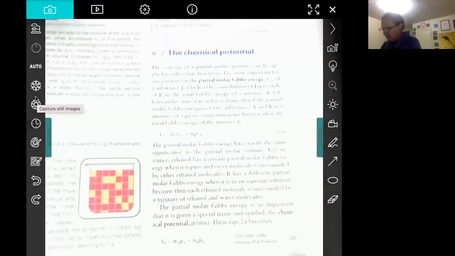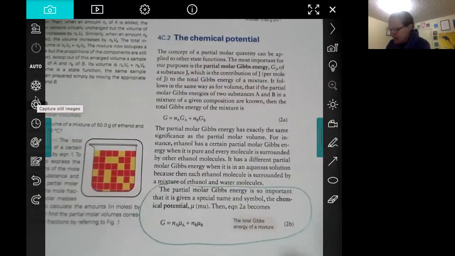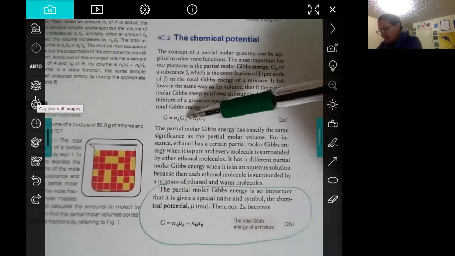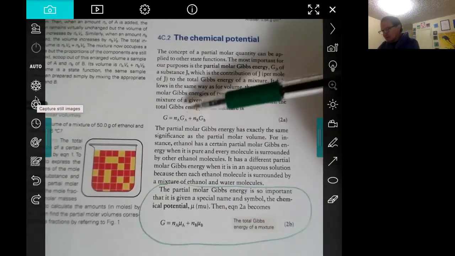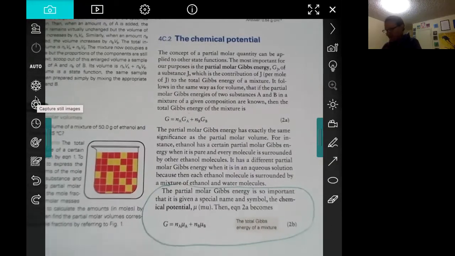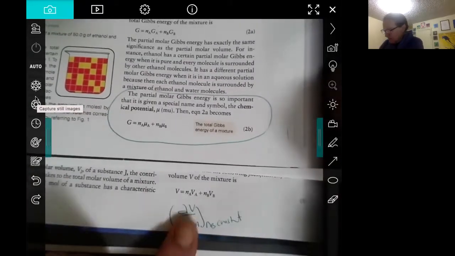So when we talk about the chemical potential, it is the partial molar Gibbs free energy. So it's how Gibbs free energy changes per mole. So the total Gibbs free energy would be the chemical potential of A times the number of moles of A, plus the chemical potential of B times the number of moles of B. So that equation is totally analogous to this one for volume.